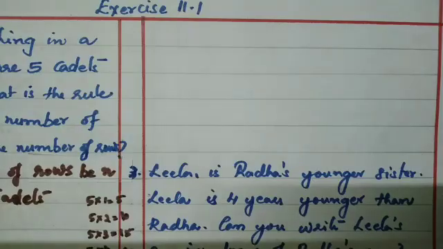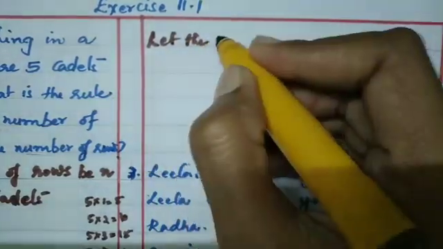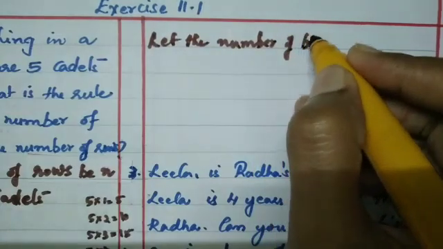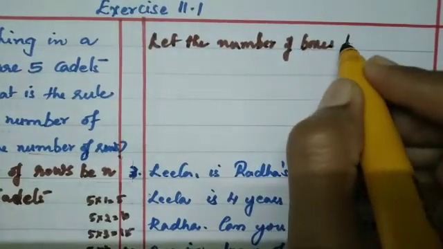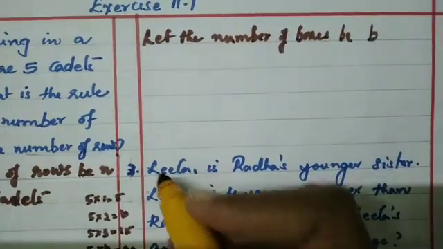Okay, let the number of boxes be small letter p. Okay, use the variable small letter p.